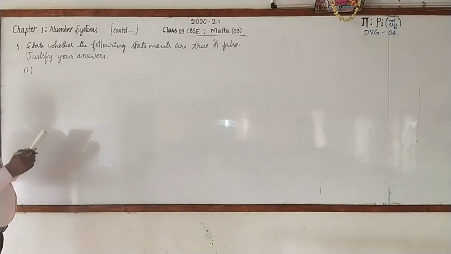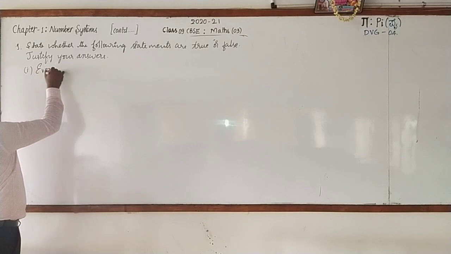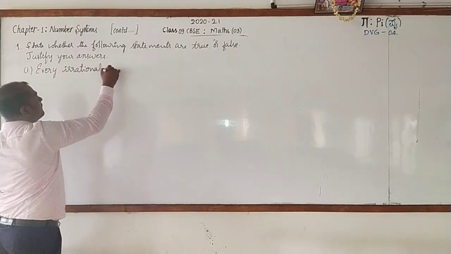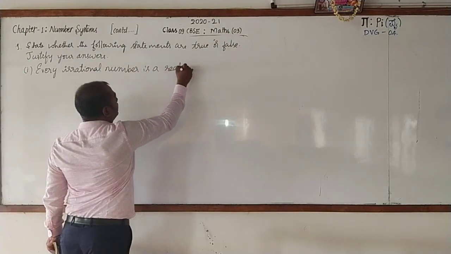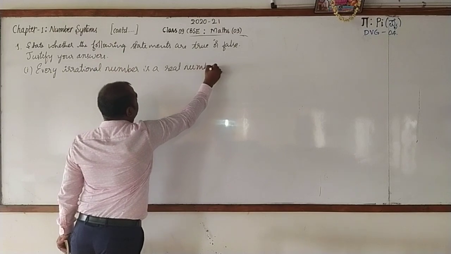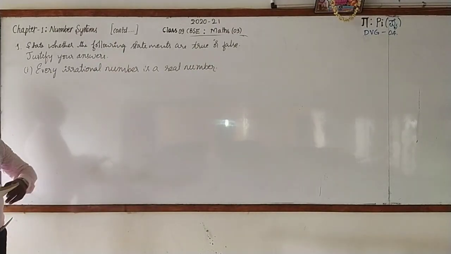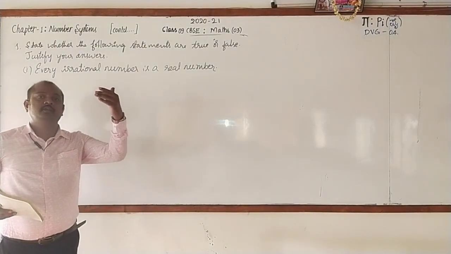Now, in that, take first one. First one is every irrational number is a real number. We know that. What is a real number? Real number that contains all rational and irrational.